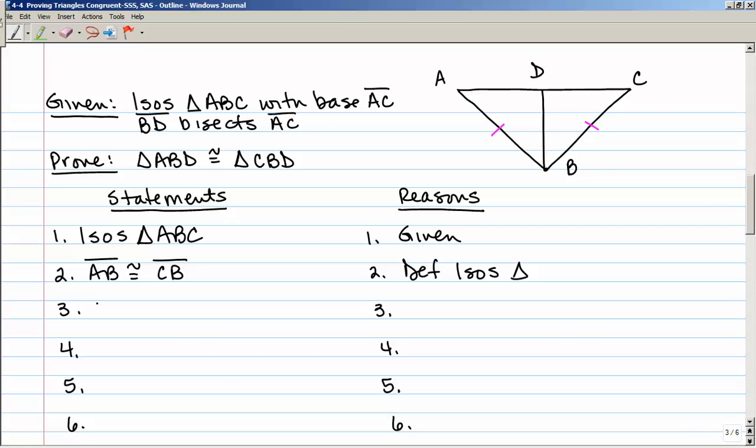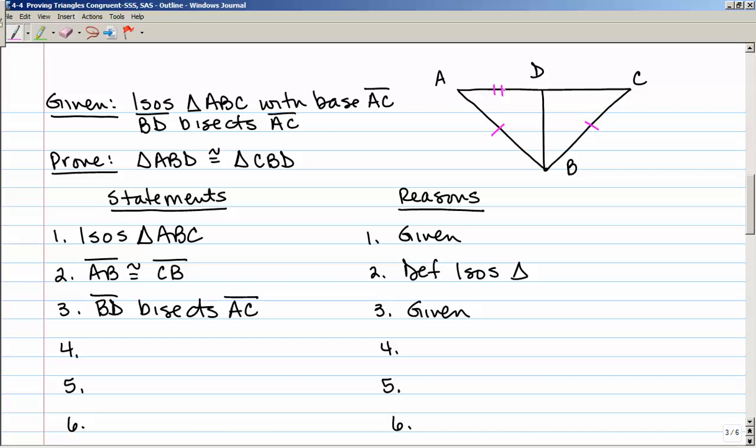Next, I think I will state the second part of my given. BD bisects segment AC, and that is given. So if BD bisects AC, that means that segment AC is cut into two congruent parts.